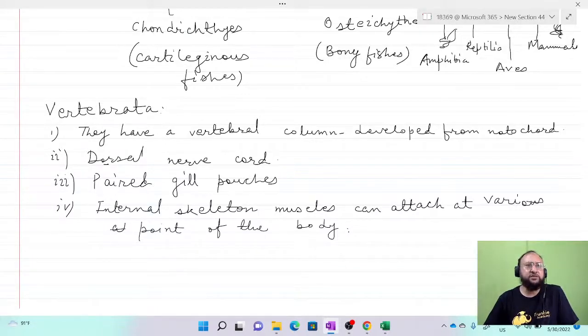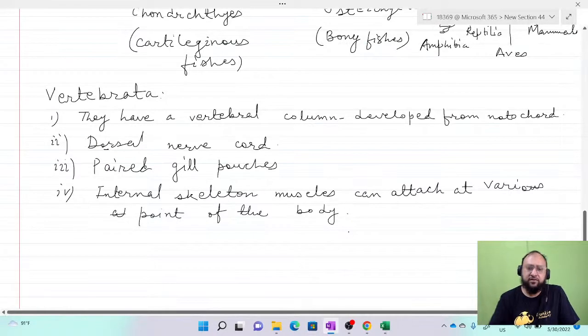The vertebrates are divided into the different groups that I have told you: Chondrichthyes, Osteichthyes, fishes, Amphibia, Reptilia, and so on.